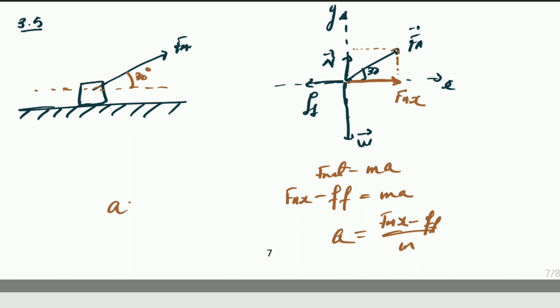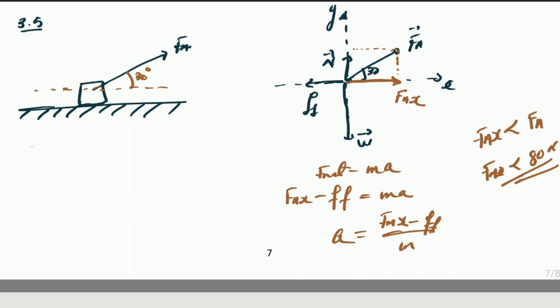Before it was just Fa, the force applied in x. Now Fa in x is going to be smaller than Fa. In other words, Fa in x will be less than 80 Newton, and therefore the acceleration will be smaller than.